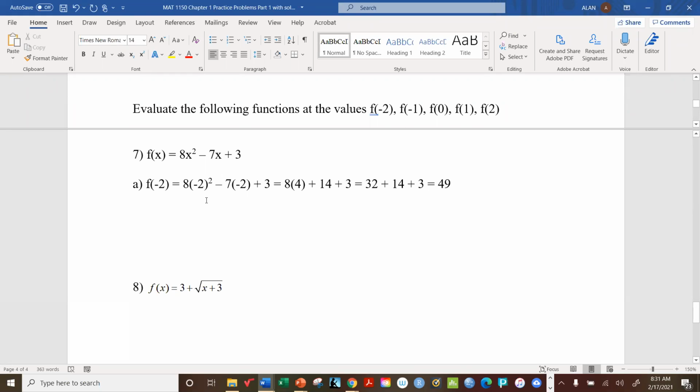That's 32 plus 14. Yep, that's it. All right, let's try the next one. How about -1? All right, so we're going to have 8 times 1. -1 squared, of course, is 1, plus 7, plus 3 equals 18.